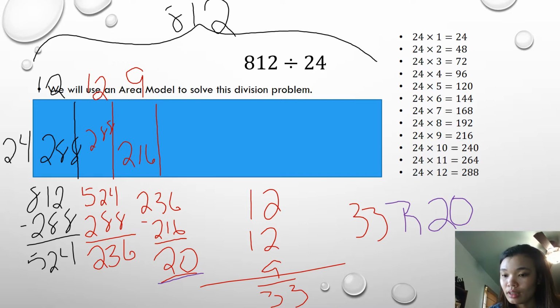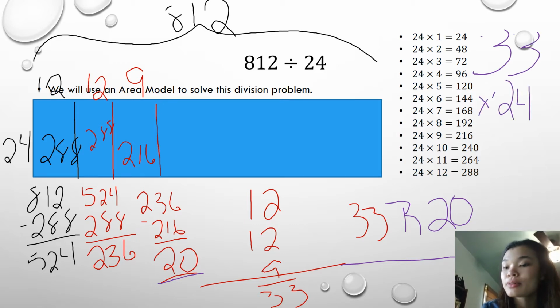Now that is the correct answer, but let's check it. How do you think we should check if 33 remainder 20 is our answer? We should multiply 33 times 24. This would be a great time to practice your partial products.